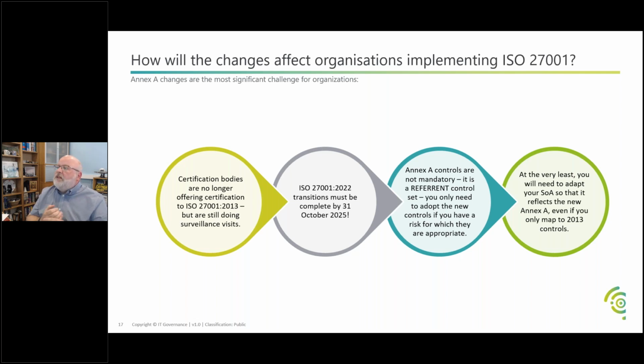At the very least, you need to adapt your statement of applicability. You're going to need a new statement of applicability linking your risks and your controls for your new certification. That's one of the key things. If you haven't got that, you're not going to get to do your transition.